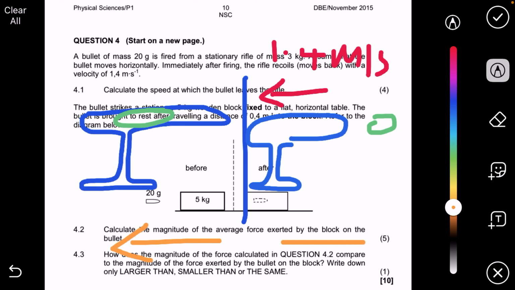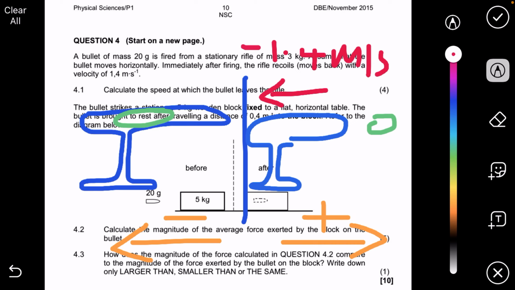So we can assume to the left as negative direction and to the right as positive direction. So already, guys, you are able to notice that this will be a negative value. Why? Because it recoils, it moves back with that velocity of 1.4 meters per second.